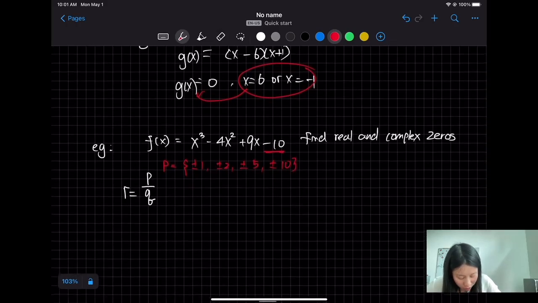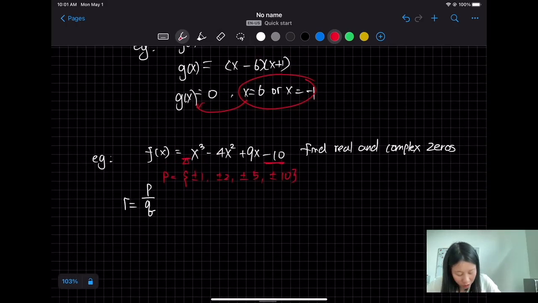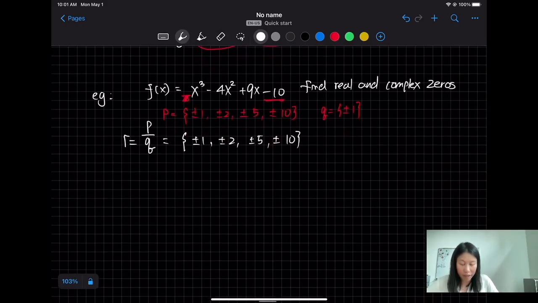And q is all the factors of the leading coefficient. Since this one only has a 1, it will be 1. So all the possible roots we have are positive and negative 1, 2, 5, and 10. Okay, and now the next step is I use the synthetic method to find which one is the real root.